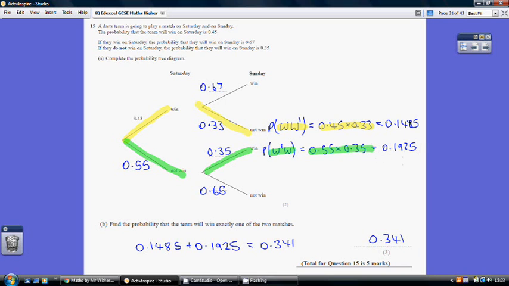We don't mind whether this is the scenario or this is the scenario in order to win exactly one of the two matches. Now as it's an or, we add these probabilities together, giving us 0.341 as the final answer.